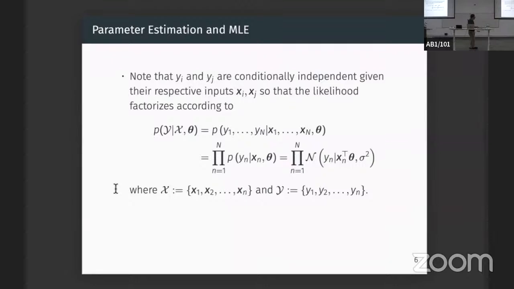We already did that on the iPad, and with the variance sigma squared. For now, let's not bother too much about sigma squared. Let's assume it's known, given to us. Right, now this is the expression that we want to calculate.